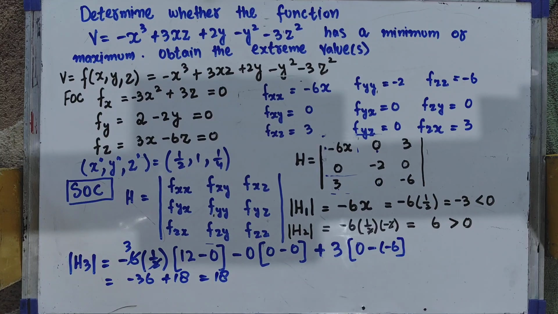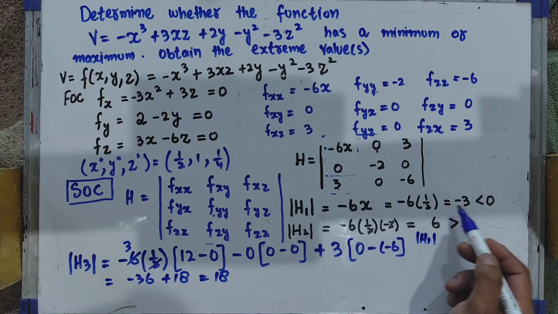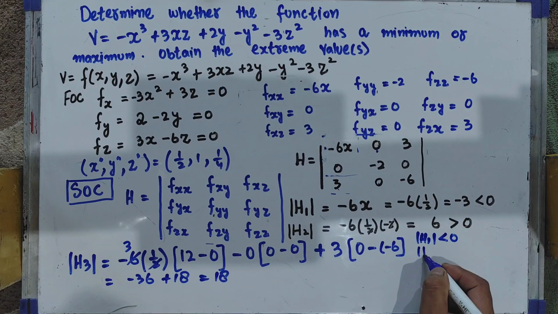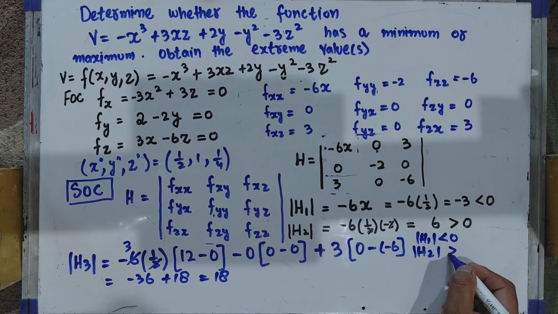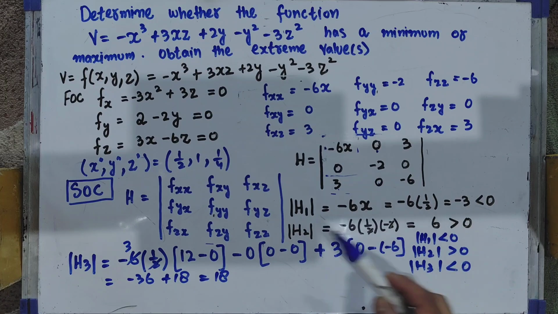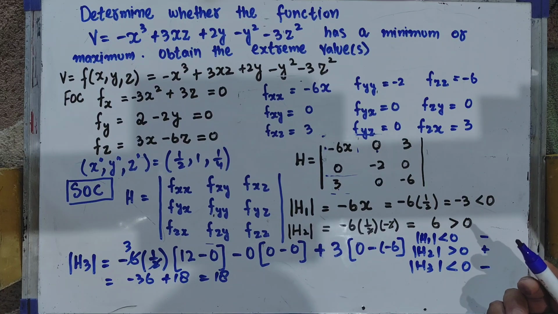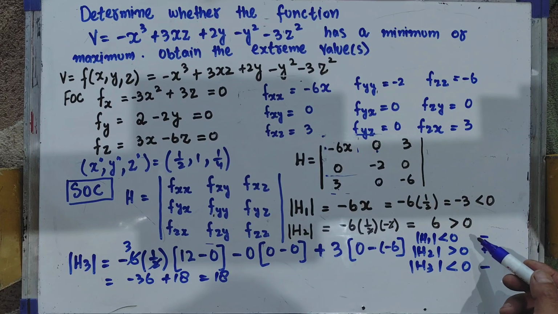So what we actually got is H1 is negative, H2 is positive, H3 is negative. If the principal minors of the Hessian matrix alternate their sign from negative to positive, we get a sufficient condition for maximum.